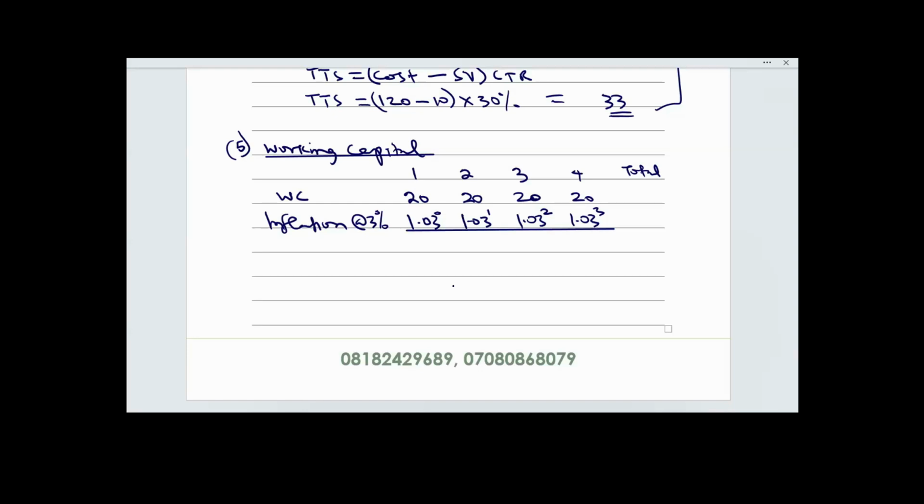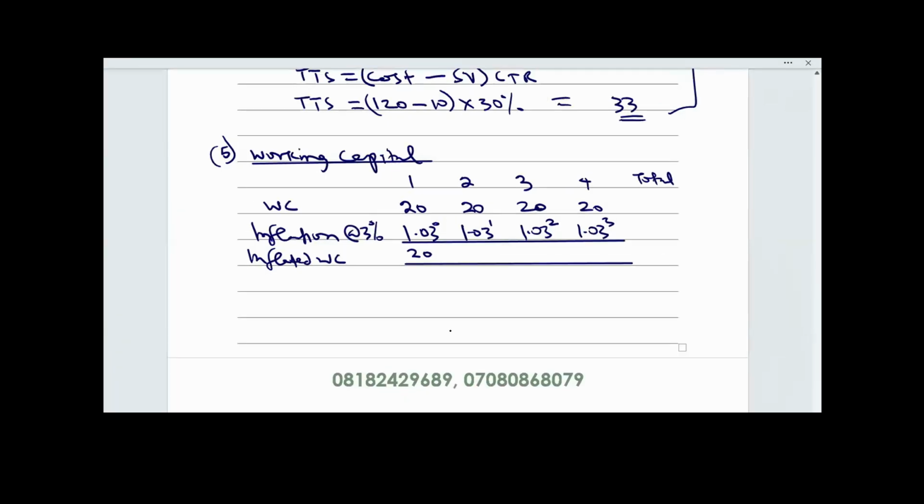So this will then be the inflated working capital. So for the first year, 1.03 raised to power 0 multiplied by 20 will still be 20. Anything raised to power 0 is 1. 1 multiplied by 20 is 20.